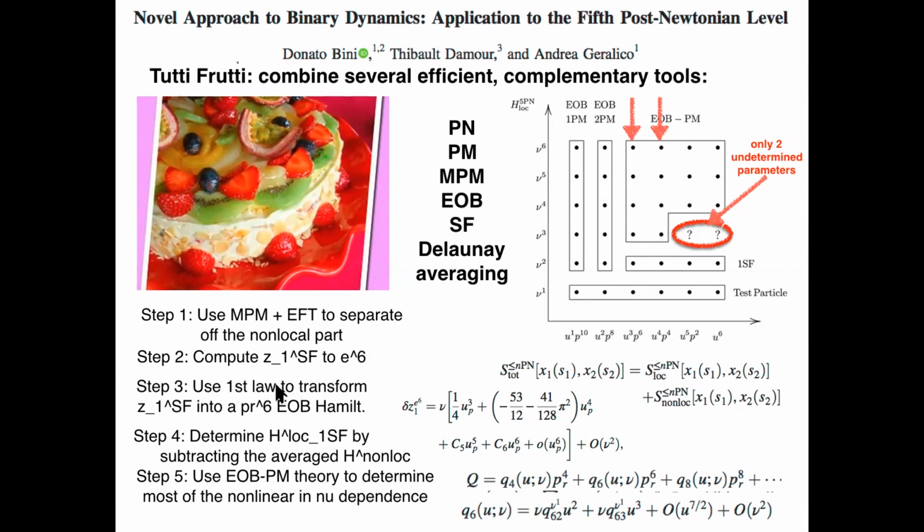First, you use the first law, which means you use something from the symmetric Green's function computed Fokker action in an external background.